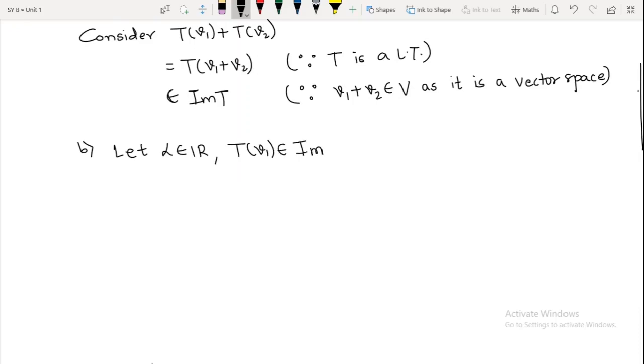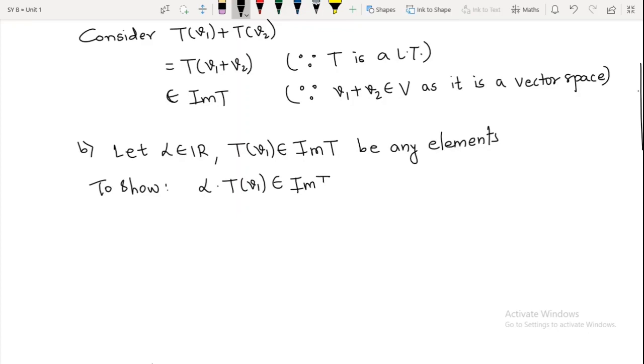The set that we want to show is a subspace. So in this case, that is image of T, be any elements. What we have to show? To show this alpha multiplied by T of V1 belongs to what? Image of T.